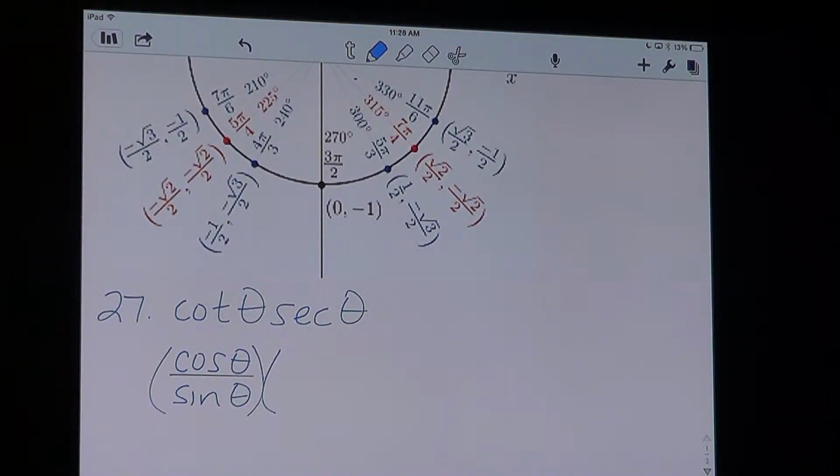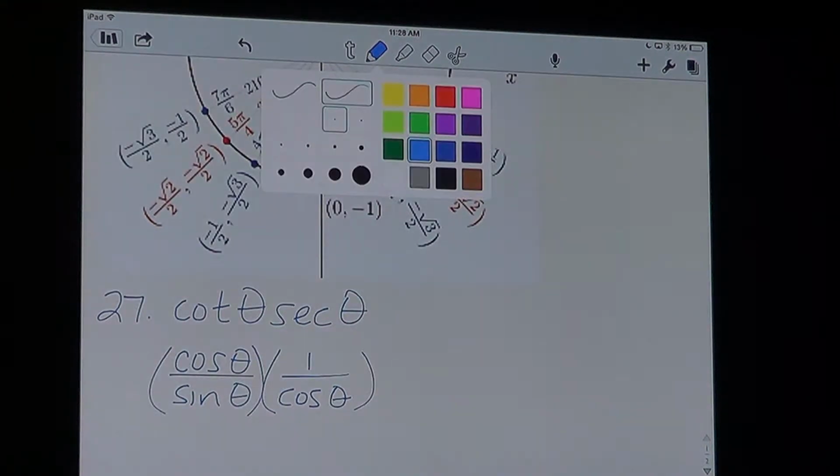It's 1 over cosine theta, right? Are we following this? Yes? Okay. So do you see how we could go about simplifying this?